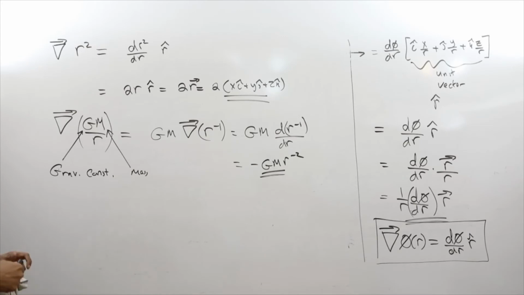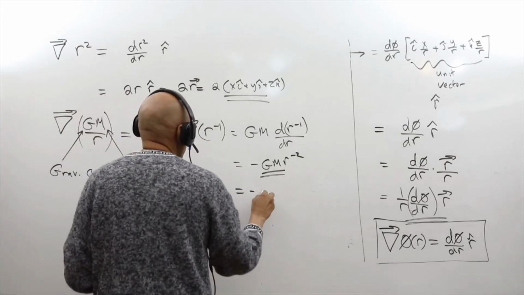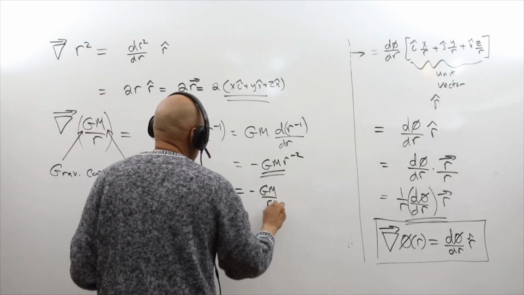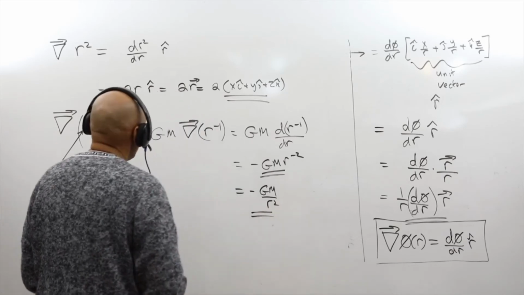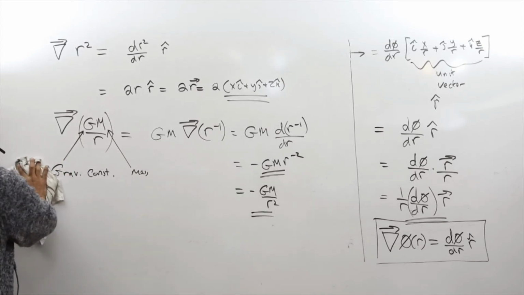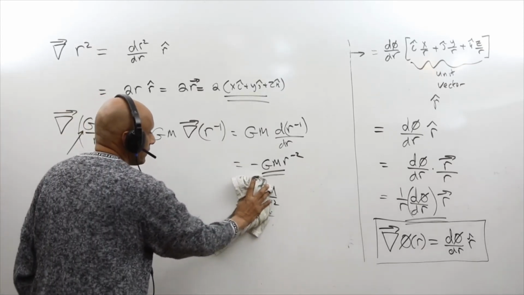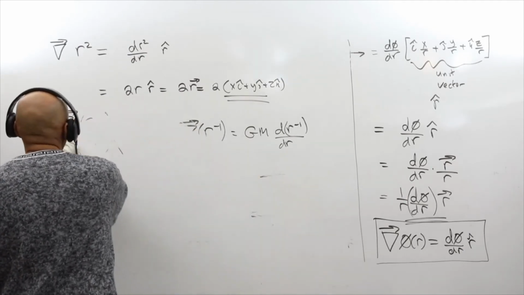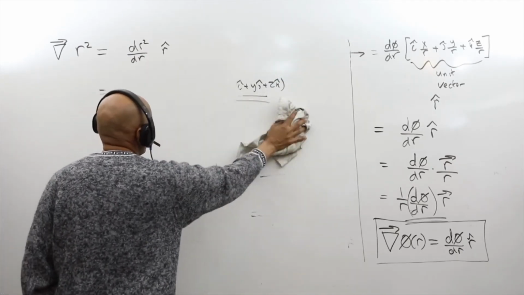So this is actually minus GM over r squared. So at this point, let me go into exactly why I need the gradient of these radial functions. Let me erase everything. That's an example of you calculating the gradient of a radial function.